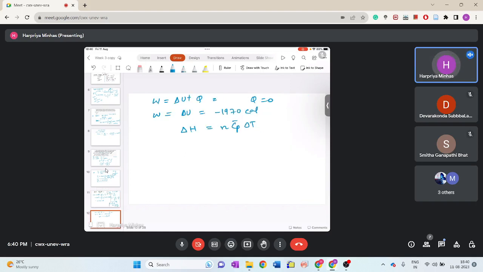So now putting the value over here, we have 5 moles n, and our Cp is 5R upon 2 into the change in temperature. Now calculate it and let me know the values in calories.